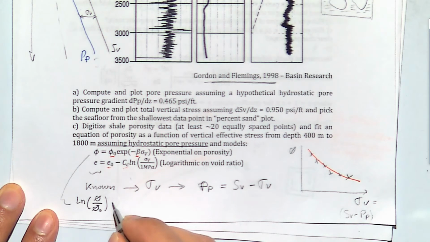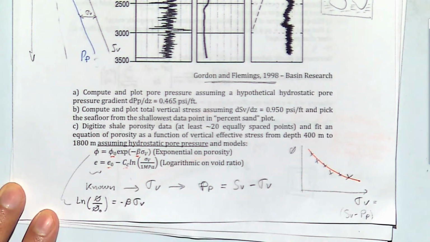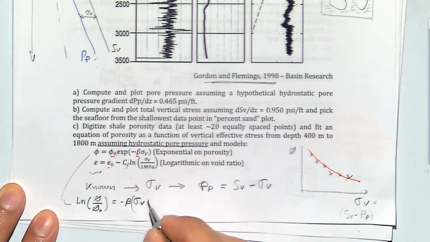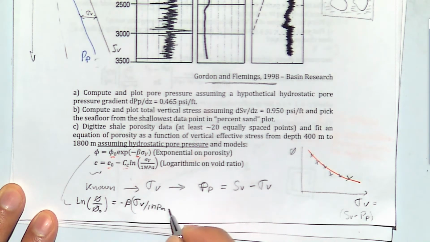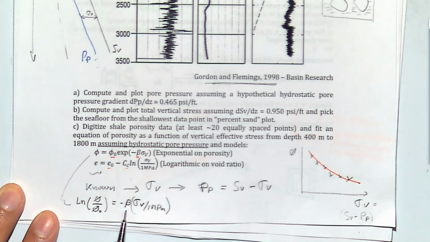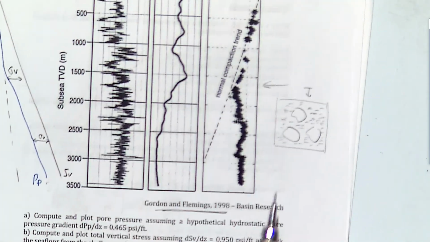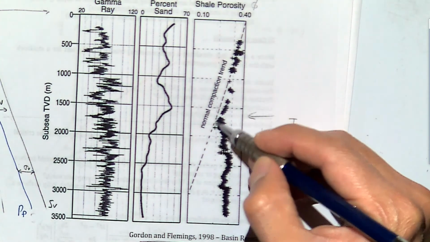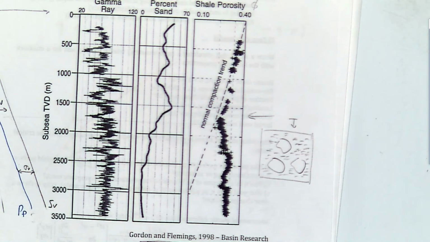That's going to be equal to negative b times sigma v divided by 1 MPa. And the slope of this line, this beta, should be that slope over there. So that's what this looks like, a line.